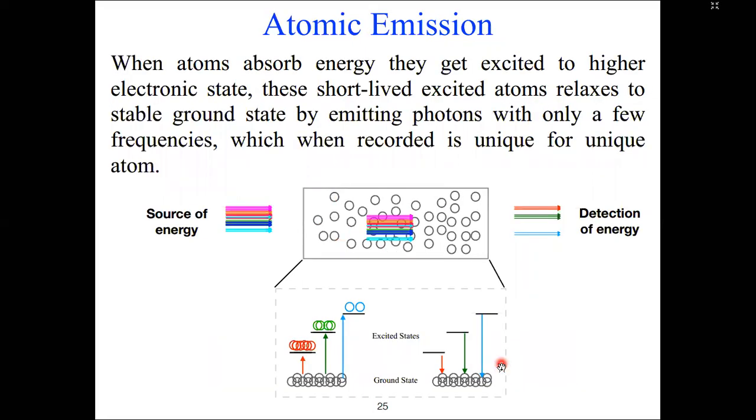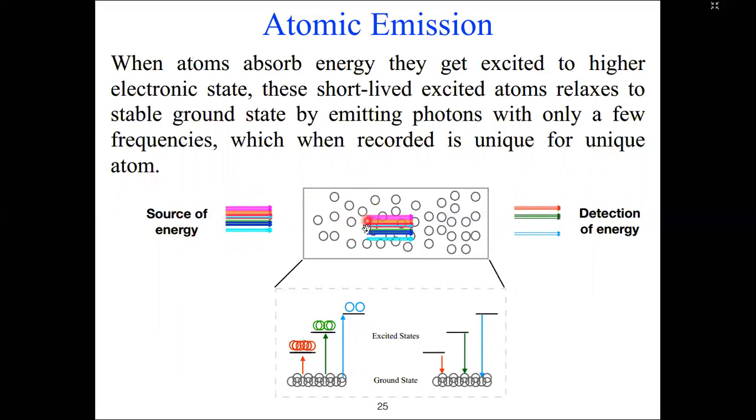Atomic emission. When atoms absorb energy, they get excited to a higher electronic state. These short-lived excited atoms relax to the stable ground state by emitting photons with only a few frequencies, which when recorded is unique for unique atoms. So here you have the source of electromagnetic radiation.